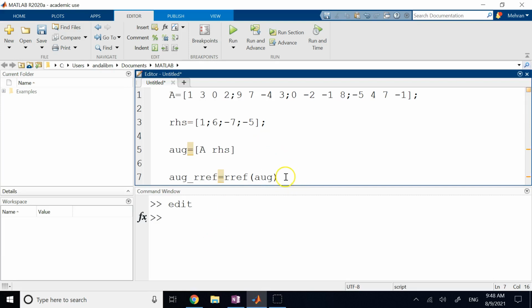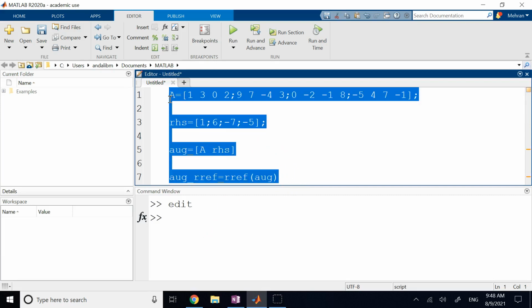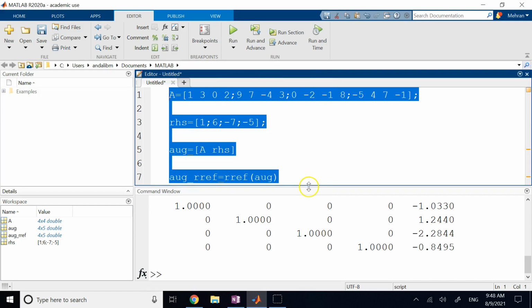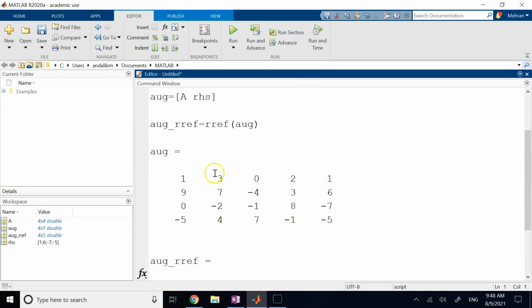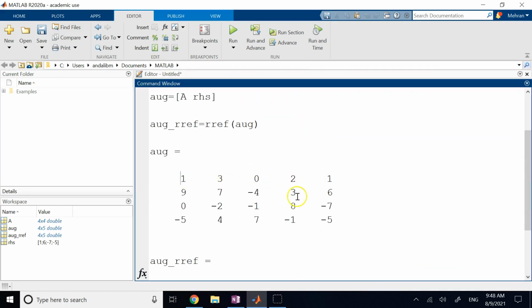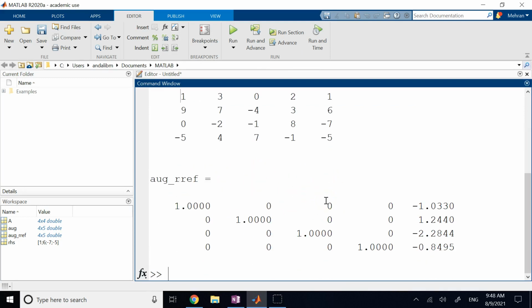Okay, so let's run this and see what you get. Now if you look, this is my set of equations. The first part of it, 4 by 4, is the coefficient matrix. This is the right-hand side. And when you make it into reduced echelon form, you clearly see that it not only gives you the coefficient matrix as an upper triangular, it actually gives you a diagonal.